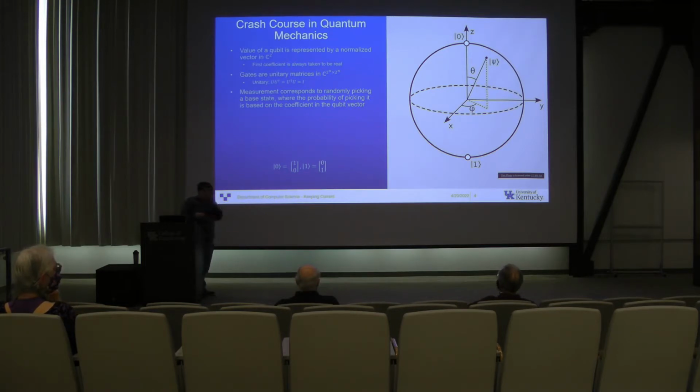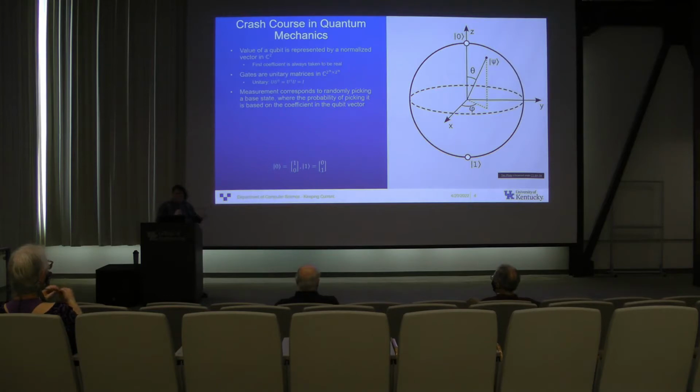And the idea is that all these quantum operations can essentially be thought of as taking a vector in this sphere and rotating it around the axes. Gates themselves, as I alluded to, are matrices, particularly unitary ones, which for complex matrices essentially means the conjugate transpose is its inverse.